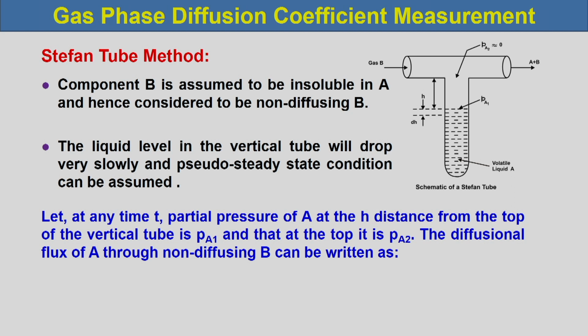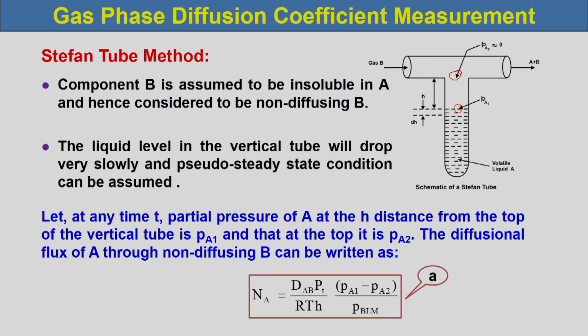So, the partial pressure at the bottom of the tube over here is PA1, and at the top it is PA2. For the diffusion flux of A through non-diffusing B, we can write the equation NA would be equal to DAB PT divided by RT into H, into PA1 minus PA2 divided by PBLM. Let us call this equation A.